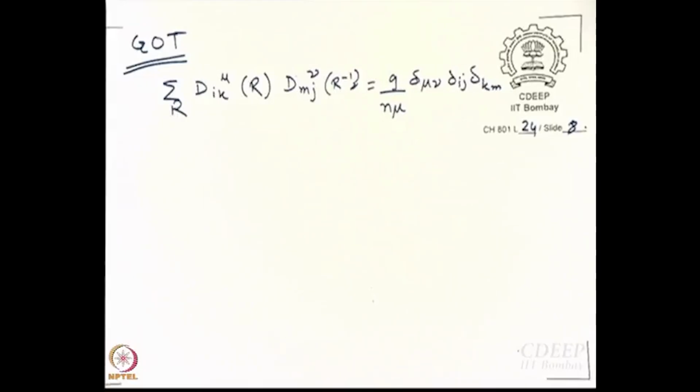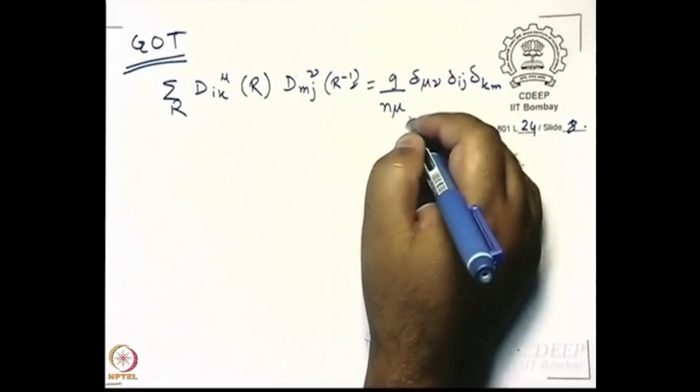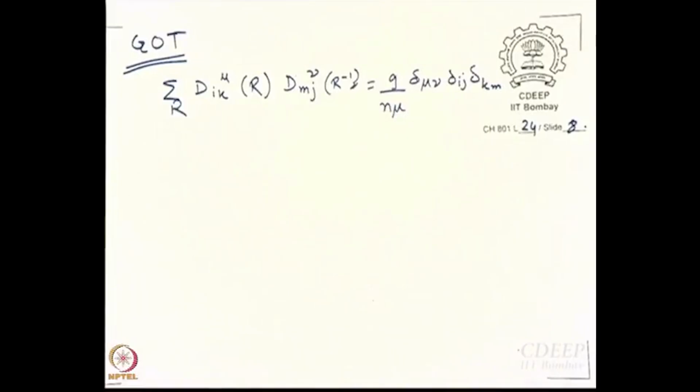So n_mu is not just n subscript mu, it's just that my handwriting is not great. So g is the order, n_mu is the dimensionality.